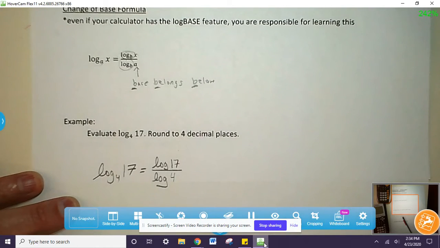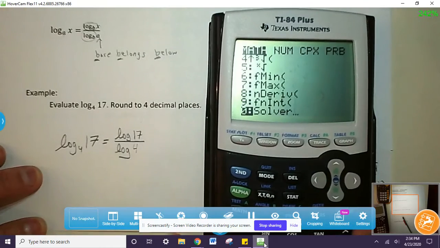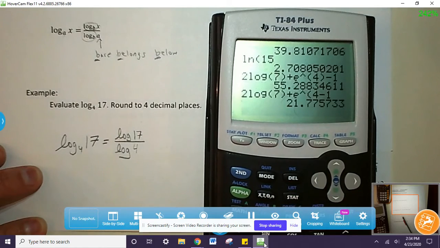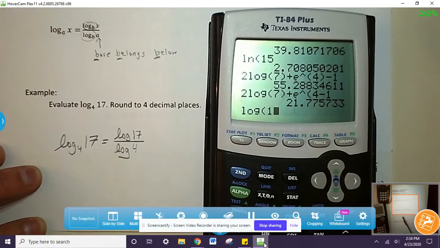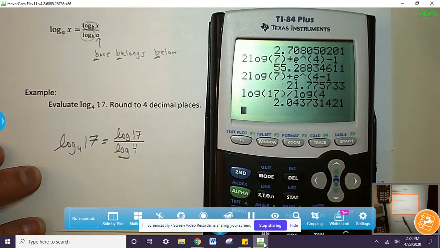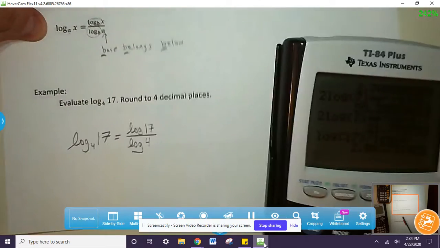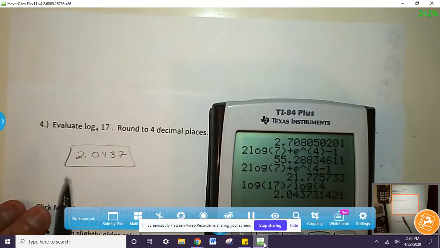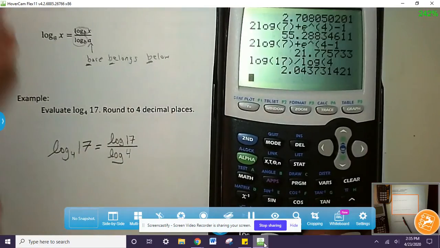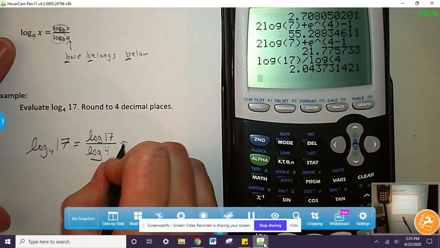That's the change of base formula using common log. And if we put that into our calculator, the common log of 17, close those parentheses before you divide by the common log of 4, we will get the same answer we had before to this problem. And the answer we had before to the problem was 2.0437. So it works. So I'm going to write that down here.